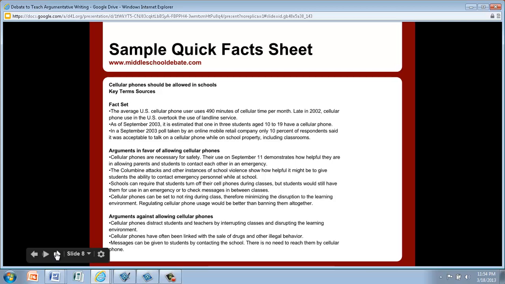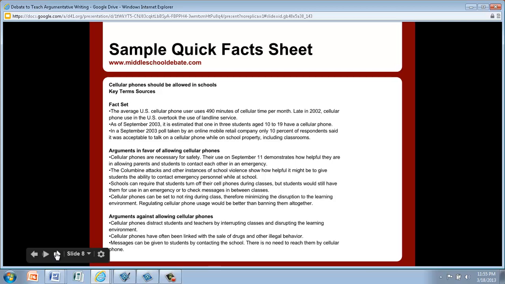This is one of the sample quick facts sheets, also available on middleschooldebate.com. This fact sheet is on why cellular phones should be allowed in schools. What this does is it really gives students an overview of the topic, a quick fact set, some basic facts about the issue, some basic arguments in favor of the issue, and basic arguments opposing or against the issue.